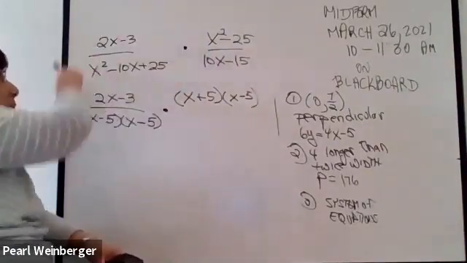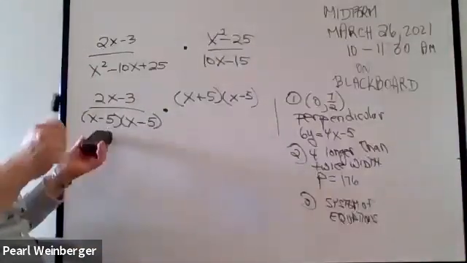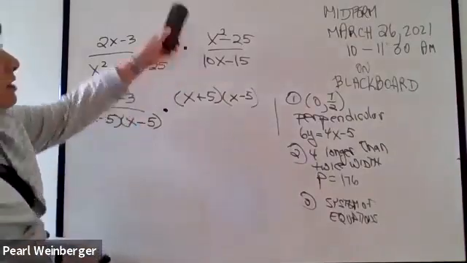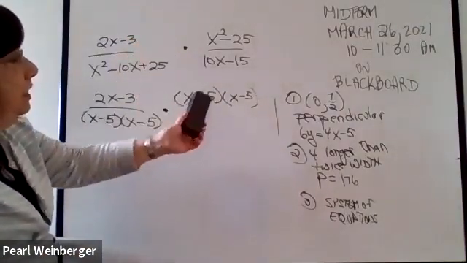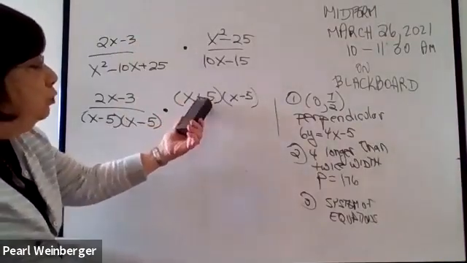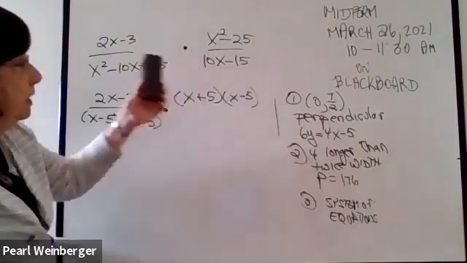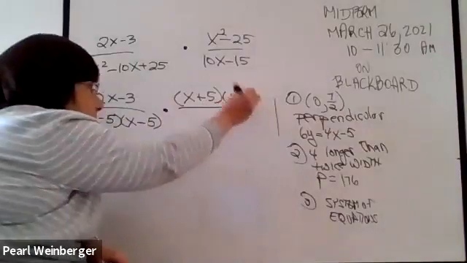This is a trinomial. The two binomials turn out to be both x minus 5. This is just a binomial, but it's the difference of squares. So we get two binomials looking very similar, except one has a plus and one has a minus. There's the difference.